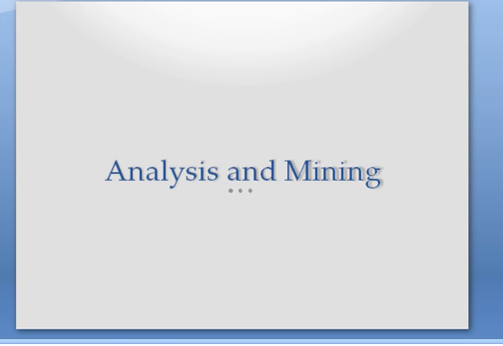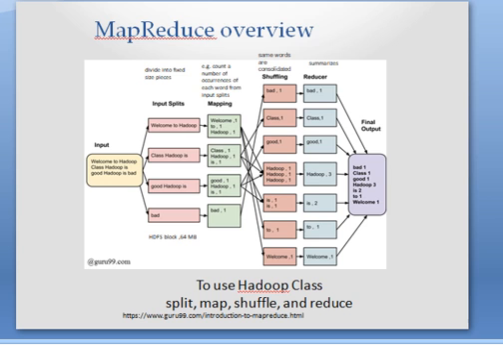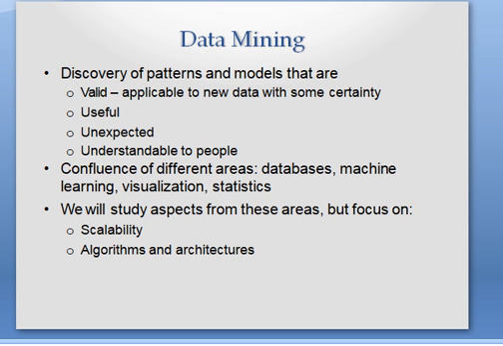As in the last example we have seen, we only needed a basic count, a word count. But in reality, it is likely that we need more sophisticated data mining techniques to discover information that is not as simple as a count. So in order to design a model, we need to apply it to new data with some certainty.